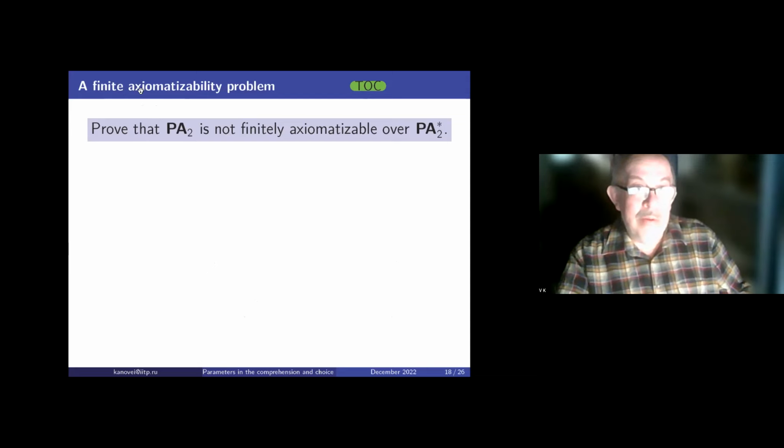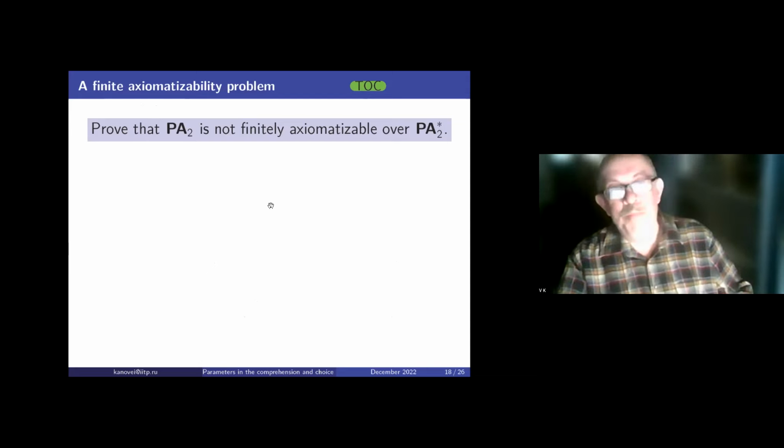And now the problem which arises from this theorem.